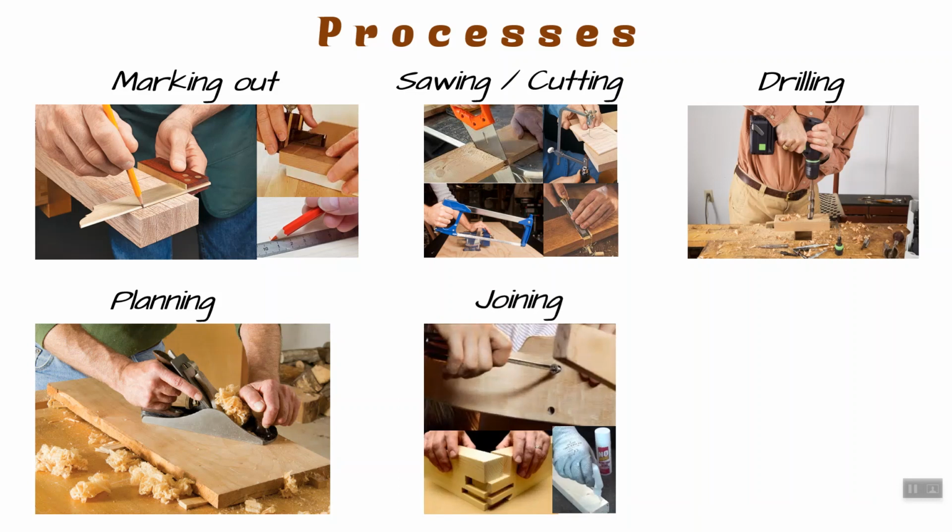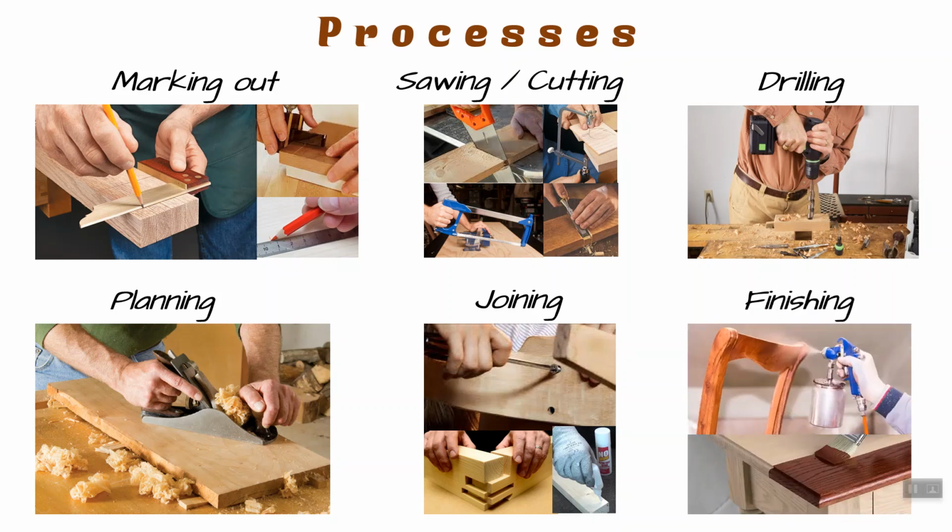So when we cut parts, we have to join them to form the required shape. And there is a finishing process. So 6 processes usually run on materials: marking out, sawing or cutting, drilling, planing, joining, and finishing.